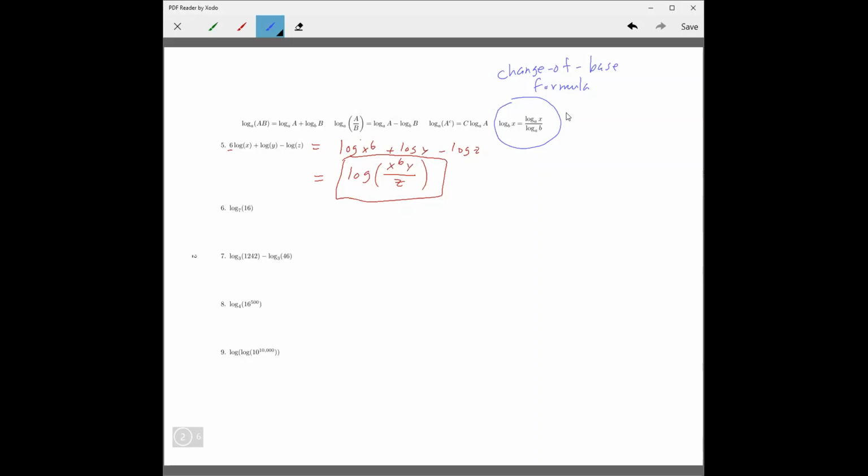Okay, now, number 6 says, most calculators can find logarithms with base 10 and base e. To find logarithms with different bases, we use the change of base formula. We use that formula to find log base 7 of 16, that's this right here.